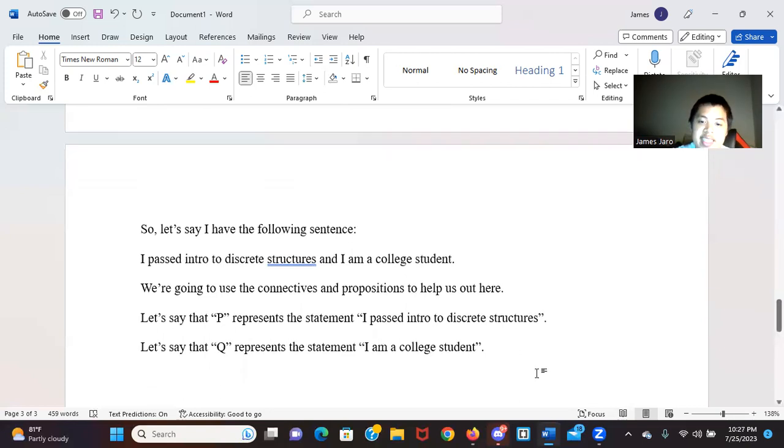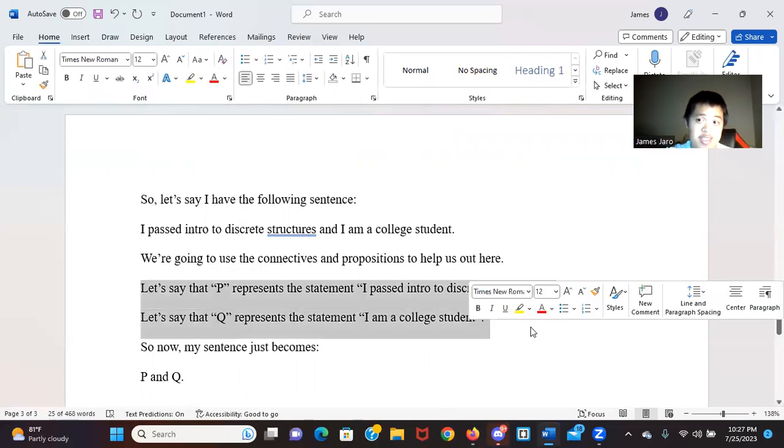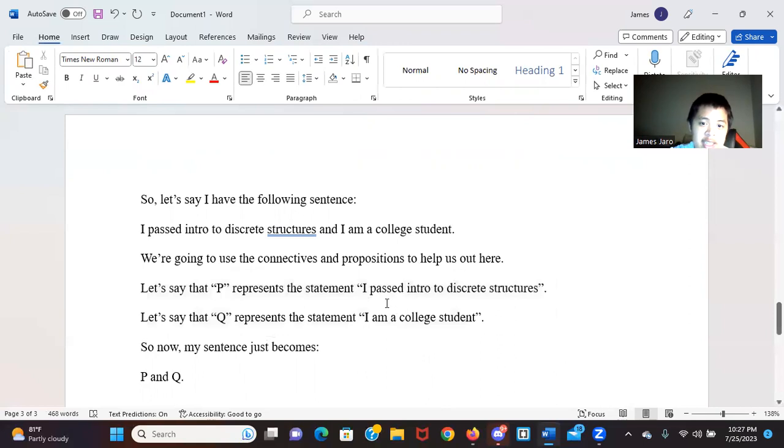So now, wherever I see these phrases, I just plug in P and Q. My sentence just becomes P and Q, where we have this as our key, P turns into I passed intro to discrete structures, and Q turns into I am a college student.